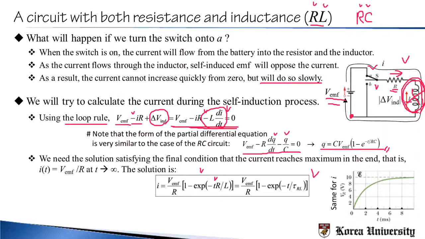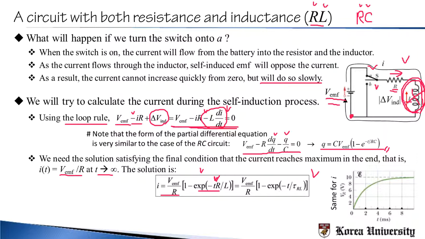So the current in that situation will be V_EMF divided by R, right? If you insert t equals infinity here, then the exponential of minus infinity is just 0, and the current is V_EMF divided by R. Correct. So this solution satisfies the so-called boundary conditions that we need.